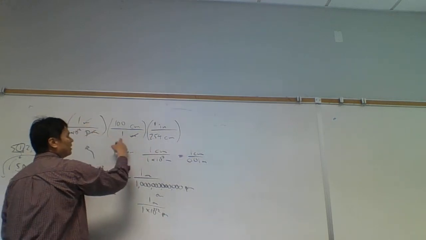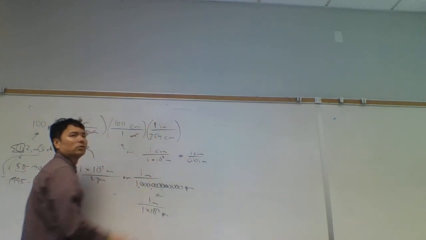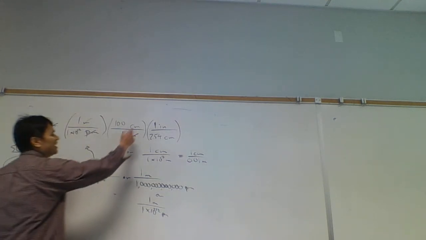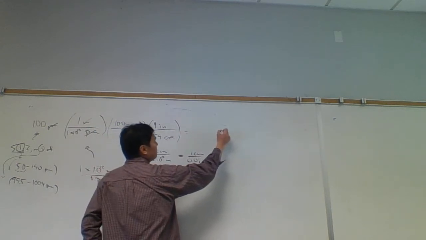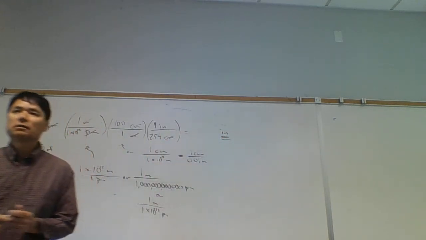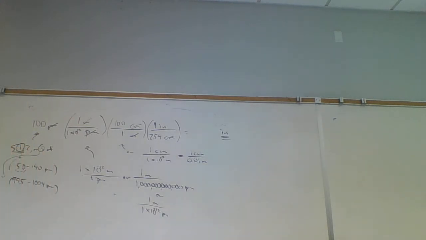Since I started writing it here, I'm just going to be consistent and write it all the way through. That's exact. And so the centimeters cancel, and then this gives us the right dimension. The right dimension is the inch. That's what we want.